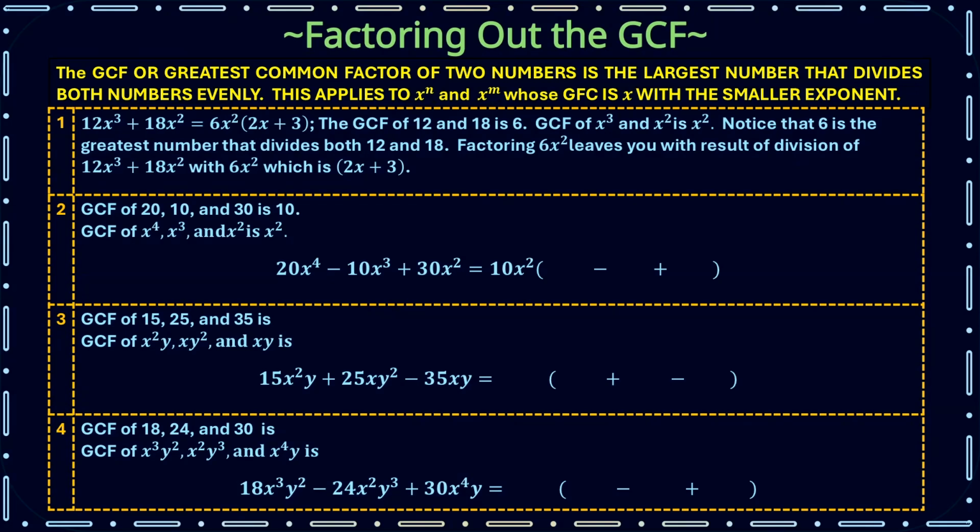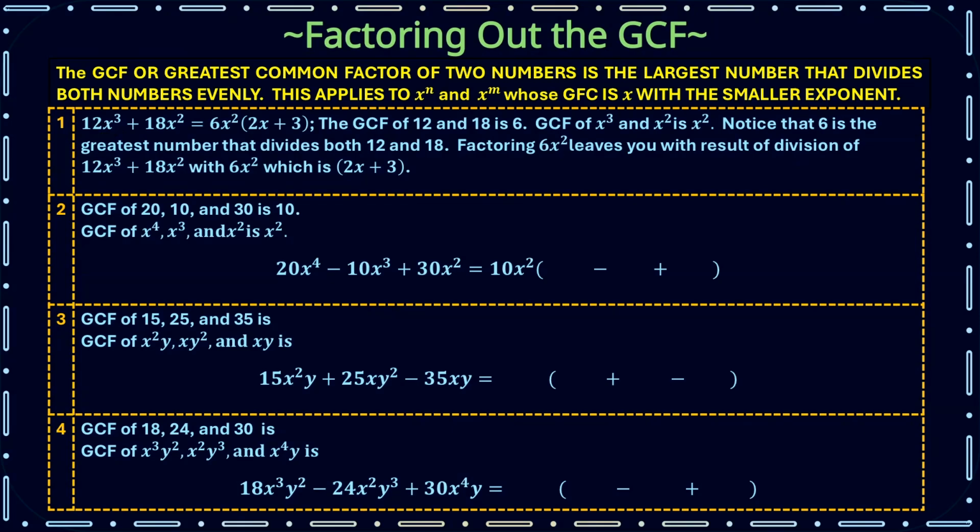Let's look at the first example. We have a binomial, two terms. Each term is called a monomial. Each monomial may have a coefficient, and it has the variable part, or the variable factor, I should say. And we're going to factor it out.